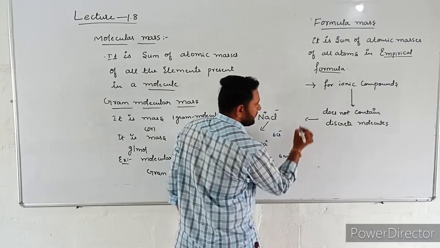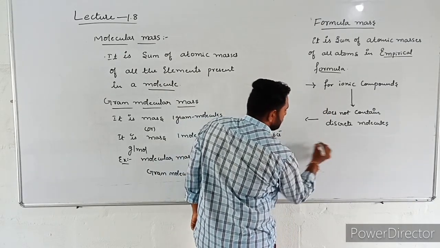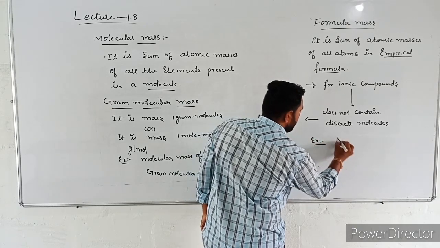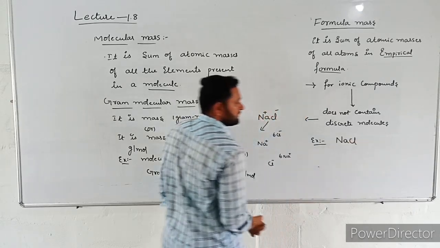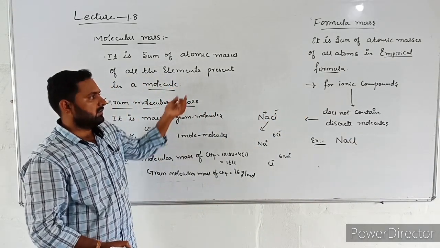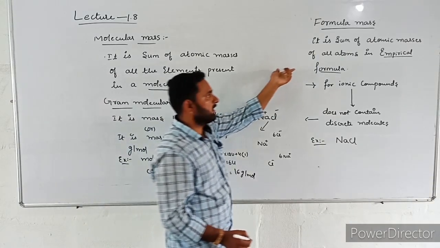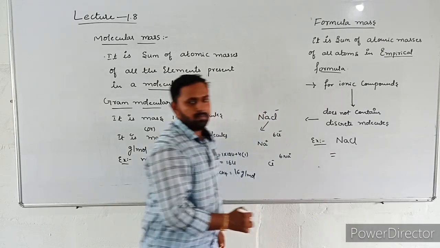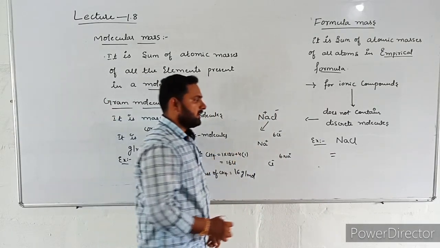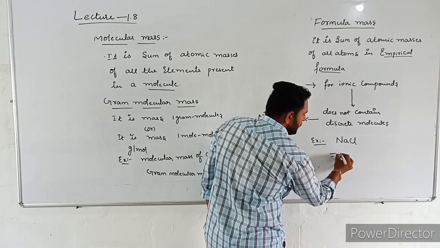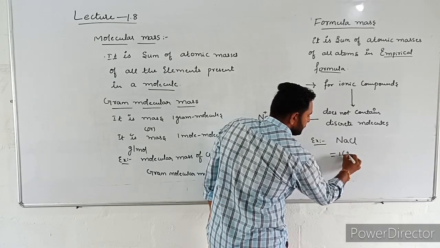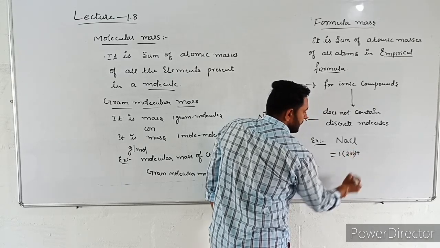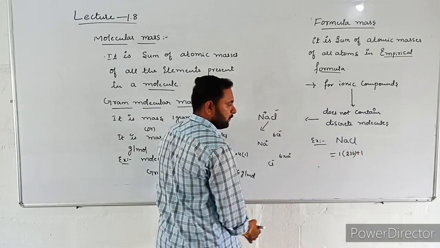Now let us calculate formula mass for some compounds. Example, sodium chloride. What is the formula mass of sodium chloride? The way of calculating is the same. Here also we have to add atomic masses of all atoms. How many sodium atoms are present in NaCl? There is one sodium. What is the atomic mass of sodium? 23 U. Plus how many chlorine atoms are present? 1 chlorine.